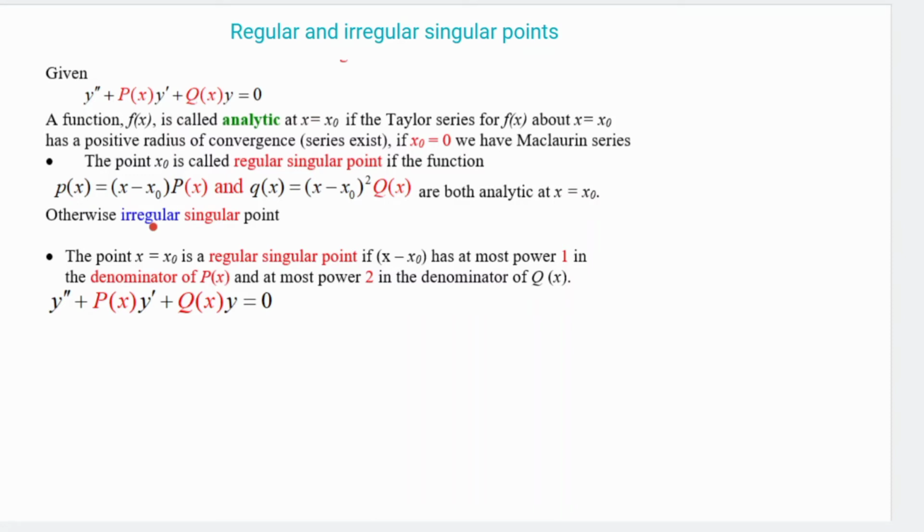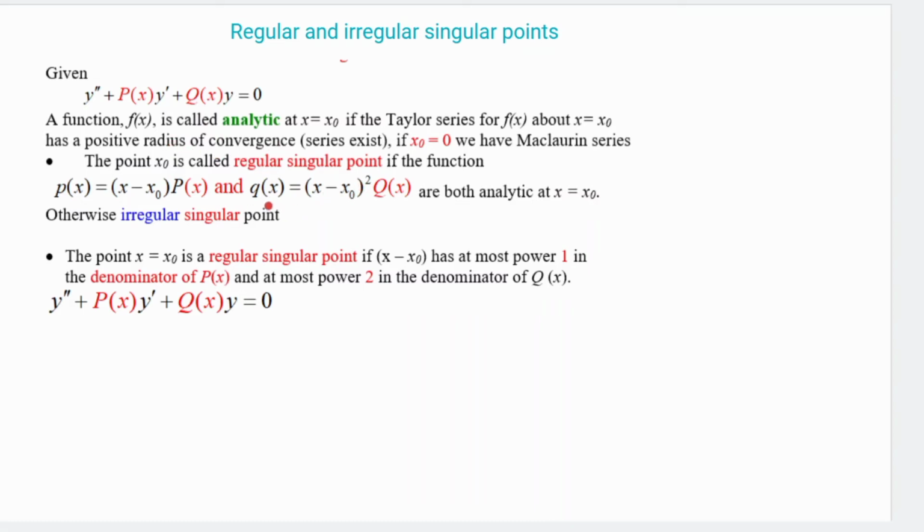When we get a singular point for p of x, q of x, say x naught is a singular point, then we multiply this p of x by x minus x naught, and this q of x by x minus x naught whole squared.